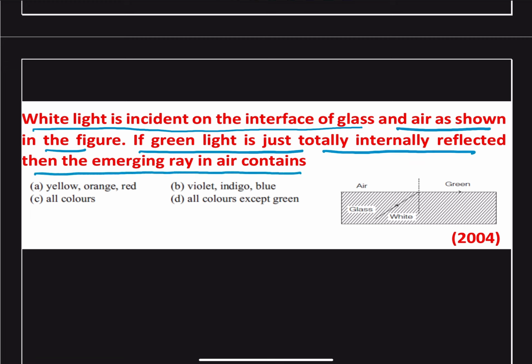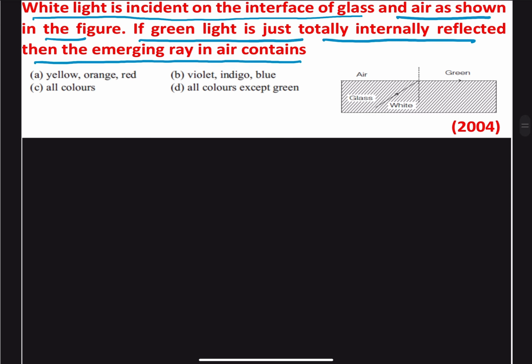So it means only the green light is being totally internally reflected, so the incident angle is equal to the critical angle for green.